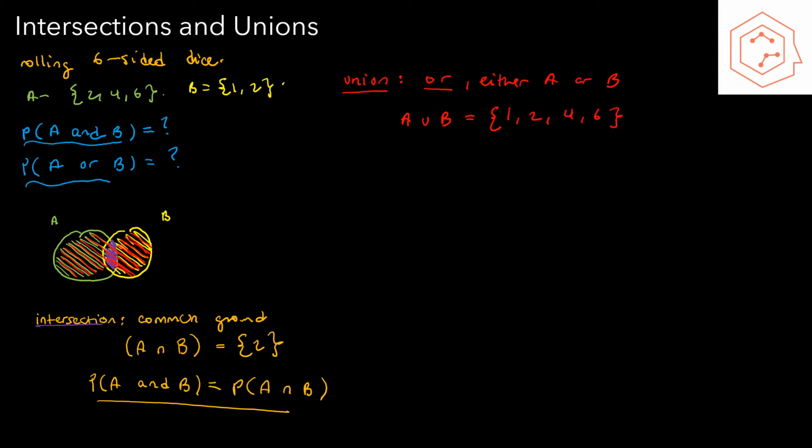Any of those would satisfy either A or B. If you're not 1, 2, 4, or 6, so if you're 5 or 3, then neither A nor B is satisfied.